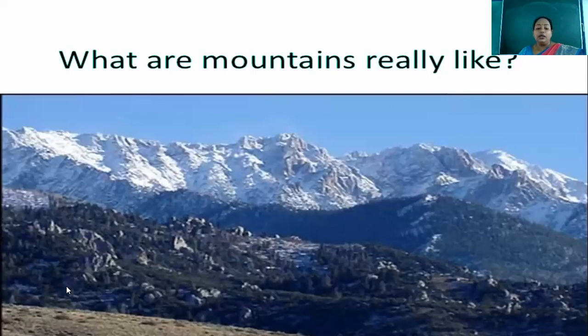This mountain, which is around maybe 800 to 900 feet above ground level, has no snow. But as you move to a higher level, you will find the mountains are covered with snow.